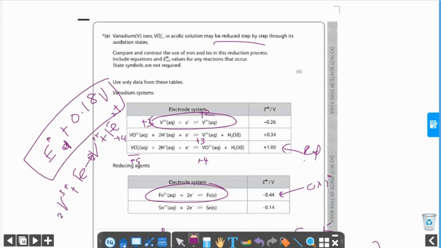And that is the fifth mark. And then finally you say the reduction of vanadium 3 plus to 2 plus cannot be achieved by tin, as the overall cell potential is negative.